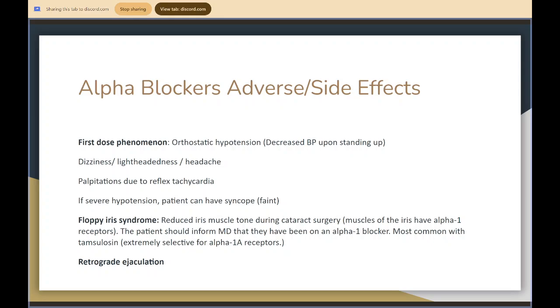The floppy iris syndrome can occur during cataract surgery. The muscles of the iris have alpha 1 receptors. The patient should inform the MD that they have been on an alpha 1 blocker. It is most common with tamsulosin because tamsulosin is extremely selective. And then retrograde ejaculation, which we discussed earlier.